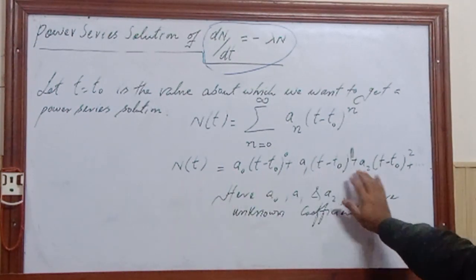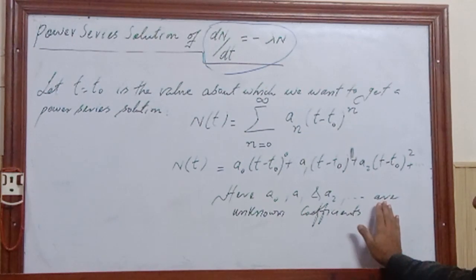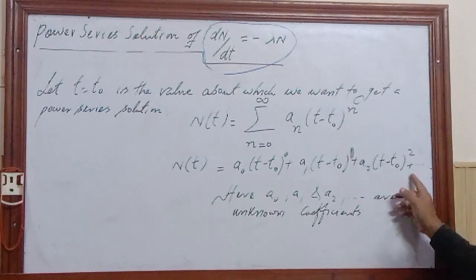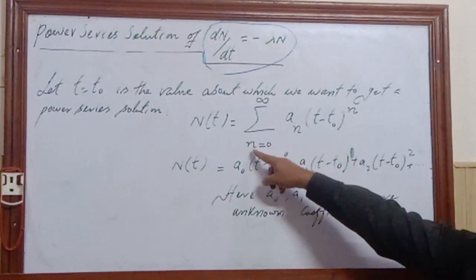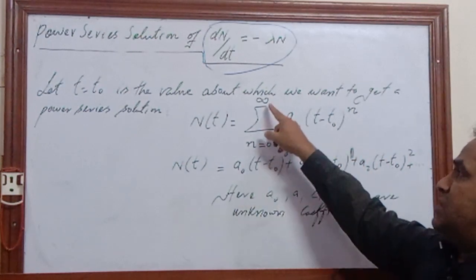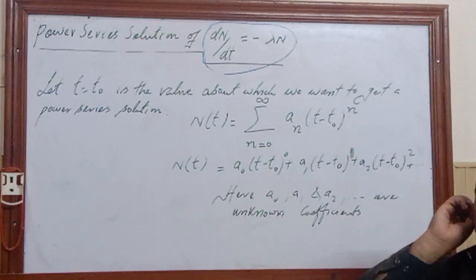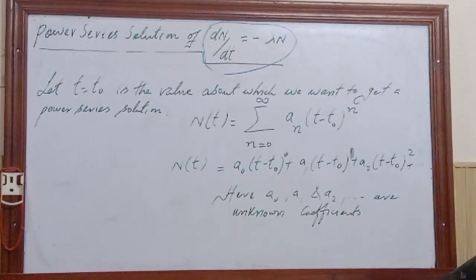In that power series solution, we can see that there are an infinite number of terms, because here the index variable n is going from 0 to infinity. So in this power series we have an infinite number of terms, and therefore an infinite number of unknown coefficients, starting from a naught, a1, a2, and so on.